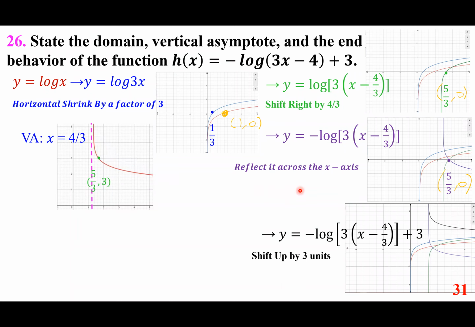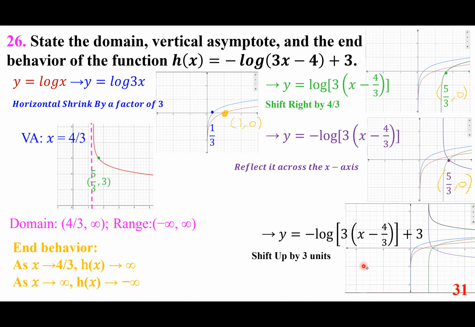As x goes to positive infinity, it's going to go down. It can't be shown here, but it's going down. So the domain is 4/3 to infinity, 4/3 is not included. The range is all real numbers. And here's the end behavior.